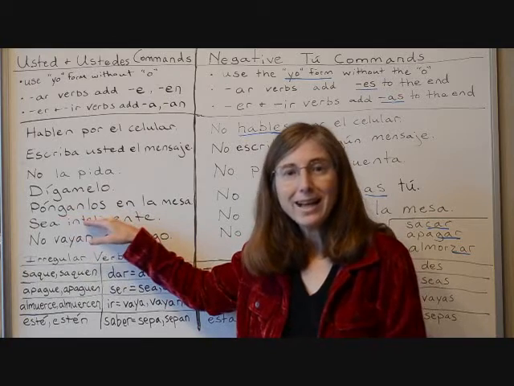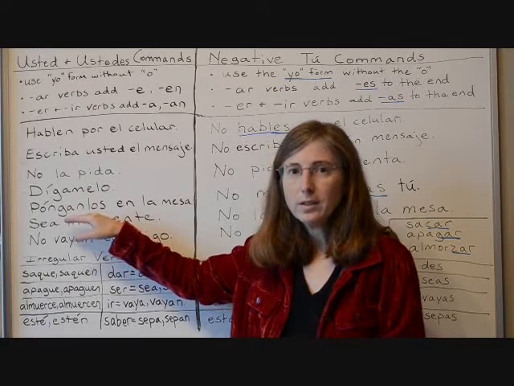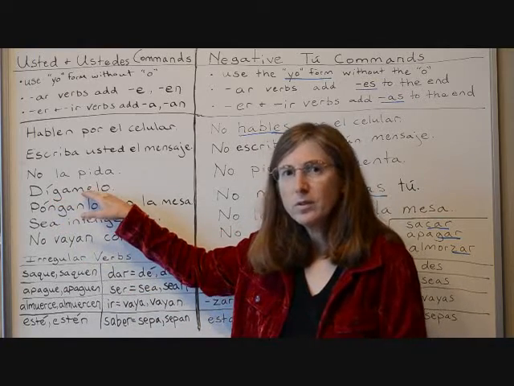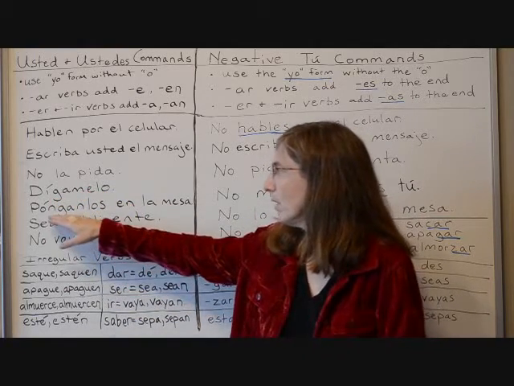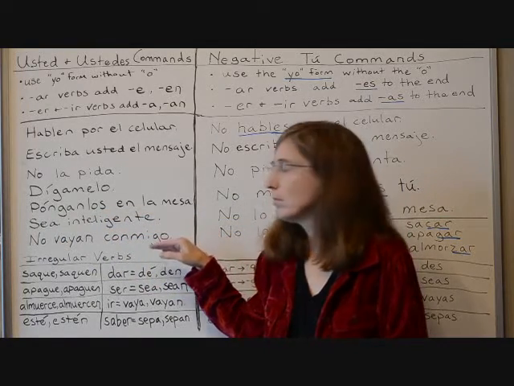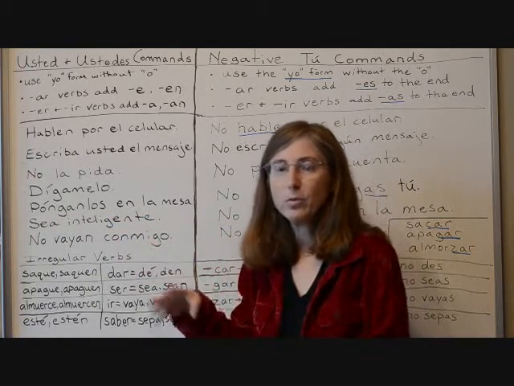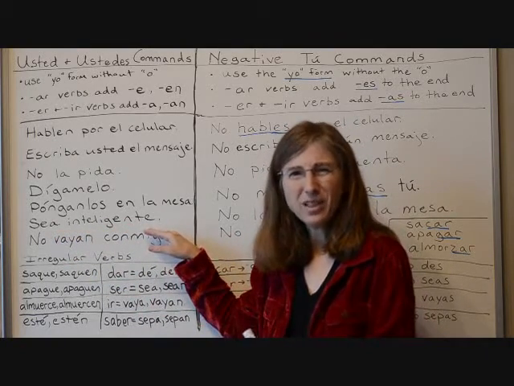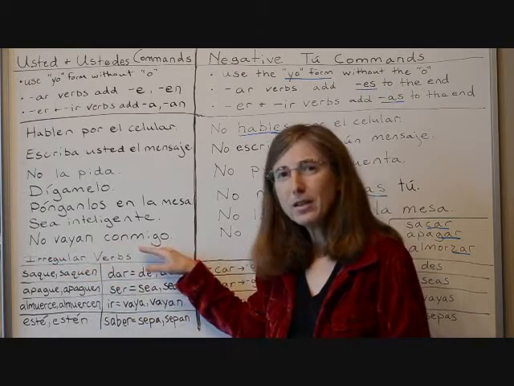And we do have to add an accent mark because the emphasis remains on the verb. Dígamelo. Póngalos en la mesa. Put them on the table. And this is the ustedes form, y'all. Sea inteligente. Be intelligent. No vayan conmigo.